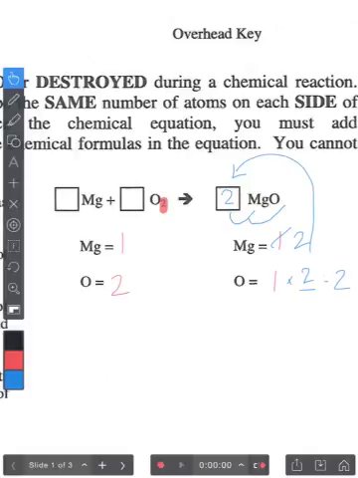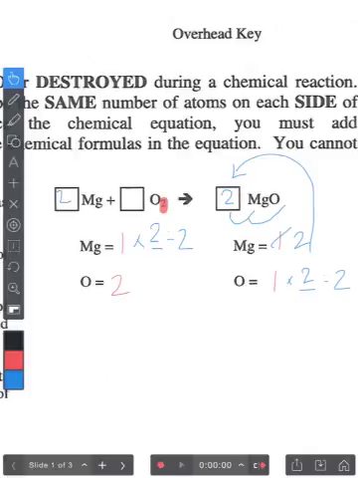Now, I'm not even on the other side. As you notice, the magnesium on the product side is 2, whereas on the reactive side, it's only 1. So I think to myself again, what can I multiply by to equal 2? And of course, it's easy, it's 2. So I have to take the 2 and I have to put it in front of the magnesium because it's the magnesium I want to change to equal 2.